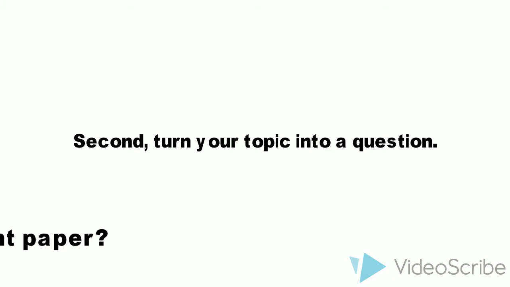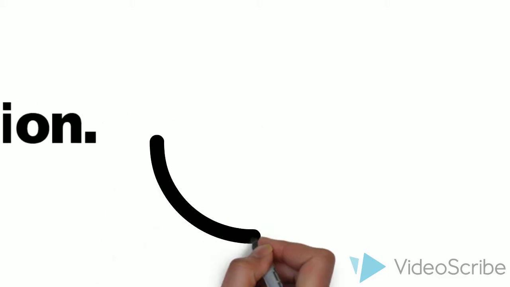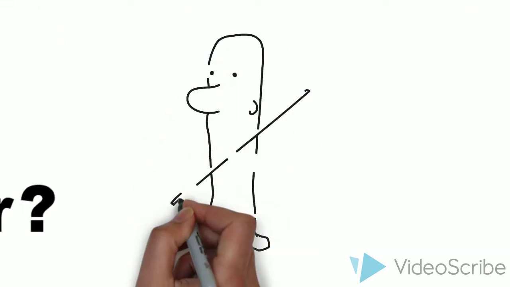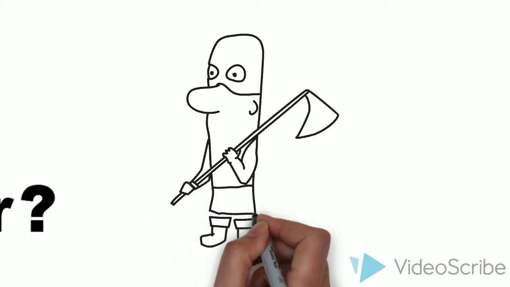So, after selecting an interesting topic, number 2, turn your topic into a question. This is a very important step because an argument paper has a research question, something you are considering, something you are arguing for. And so you want to refine your topic into a question. So, for example, suppose the topic was capital punishment.